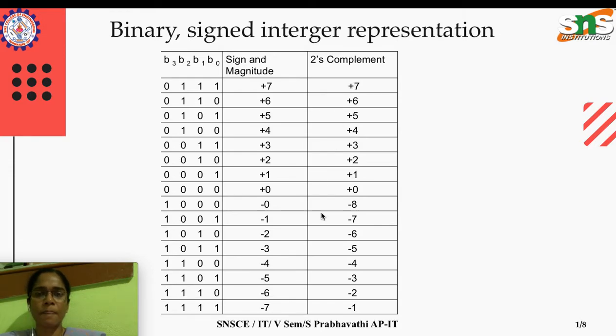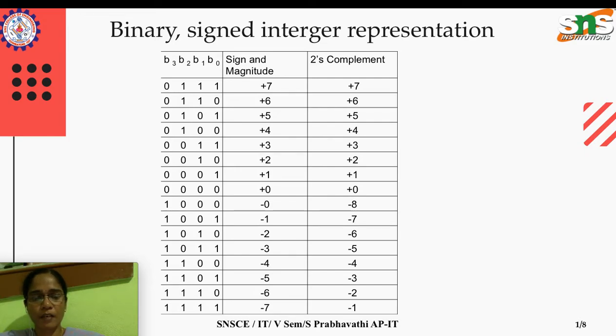In 2's complement representation the MSB is 1 for negatives, so 1 0 0 0 is -8, 1 0 0 1 is -7, likewise it goes on, and all 4 ones means -1 in 2's complement representation. So you have to get knowledge on 2's complement addition and subtraction.